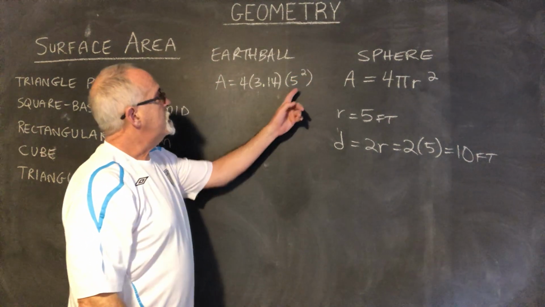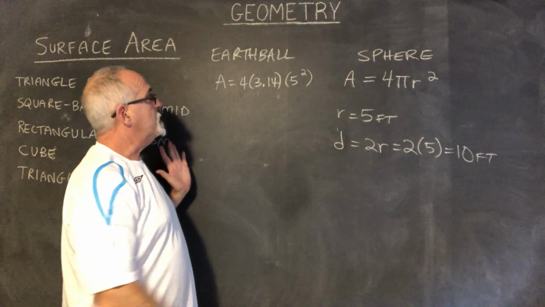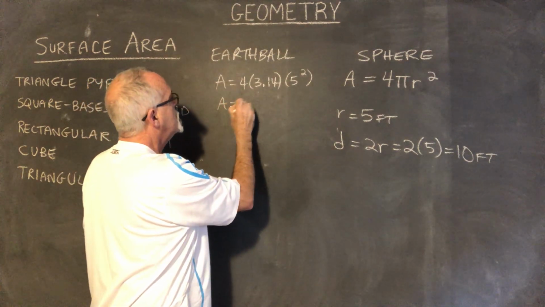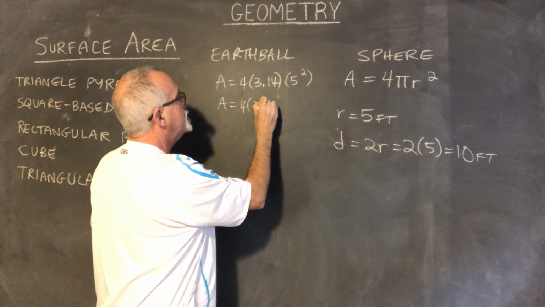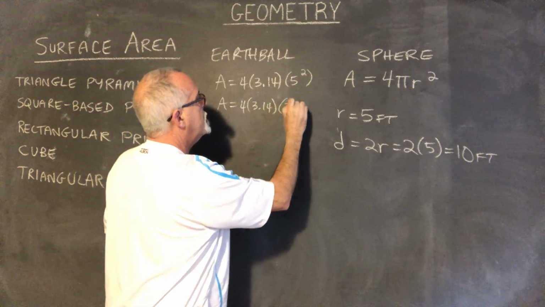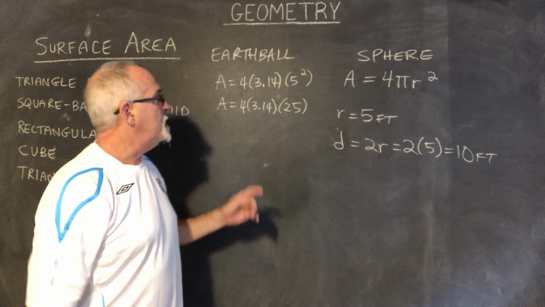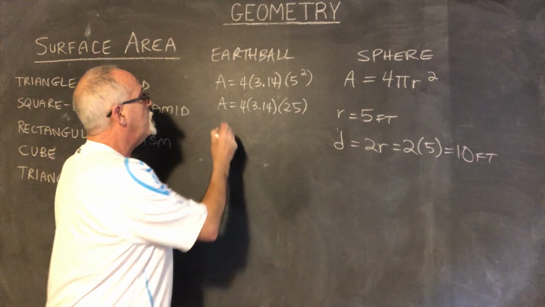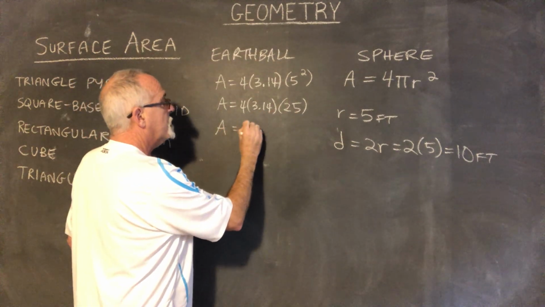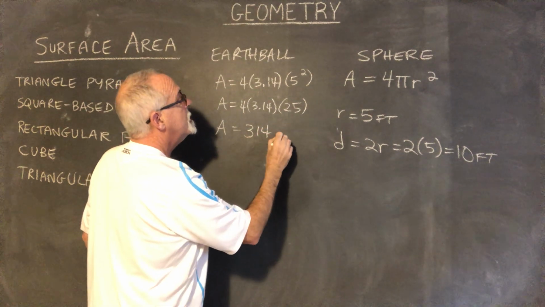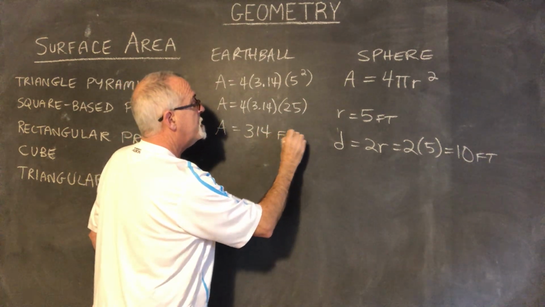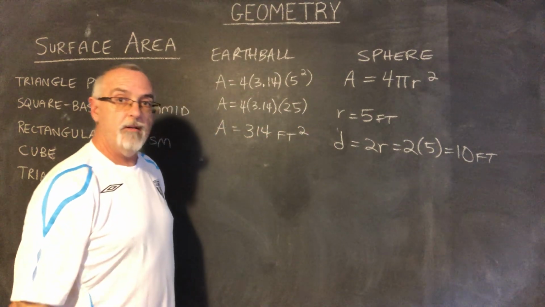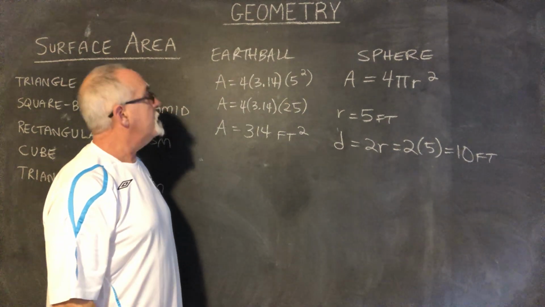Following the order of operations, I want to square the 5 first before I do my multiplying. 4 times 3.14 times 25. This turns out to be an easy one because 4 times 25 is 100, and 100 times 3.14 is 314 square feet. That's a lot of area. That's a big ball. The earth ball is big.